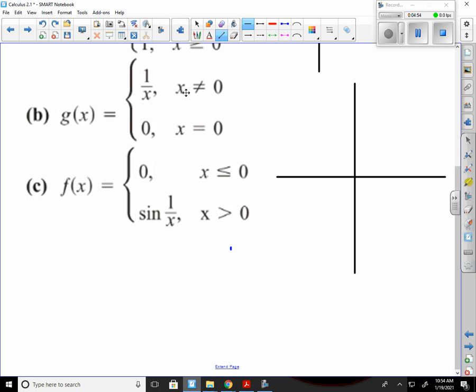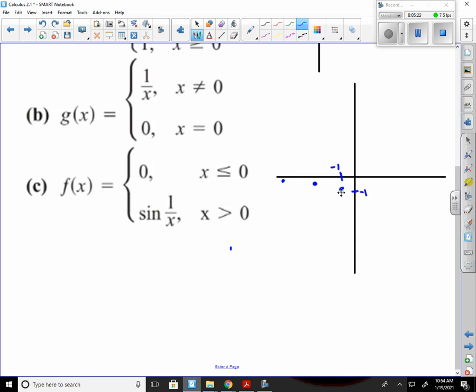So start to think about what if x was negative 10? Then it'd be 1 over negative 10. So we would have a spot like right here at negative 1/10. What if it was 1 over negative 5? That would be negative 1/5. If it was 1 over negative 1, then it would be negative 1.